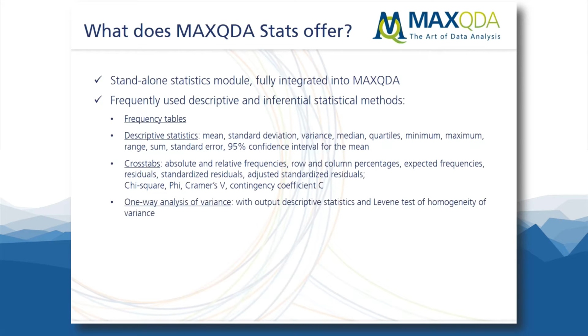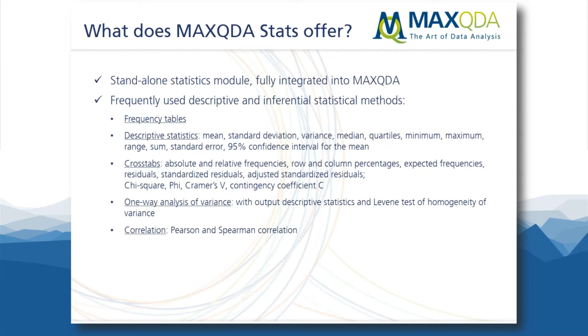If you want to perform a one-way analysis of variance, you can do it with MAXQDA Stats 2. The ANOVA procedure offers descriptive statistics as output and includes a Levene test of homogeneity of variance. So you have all the values you need to perform an ANOVA.